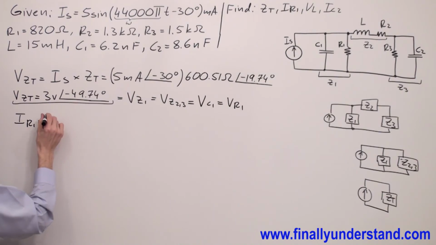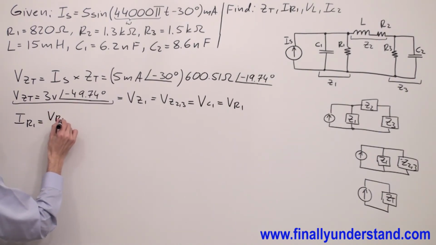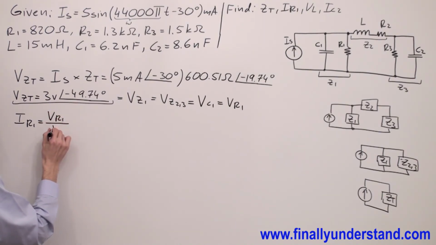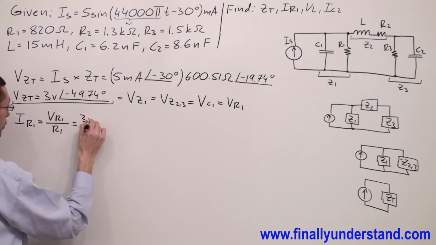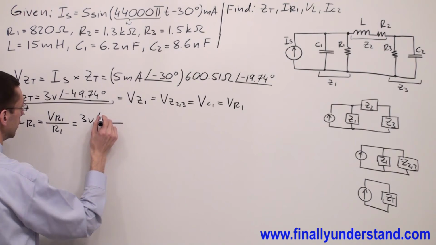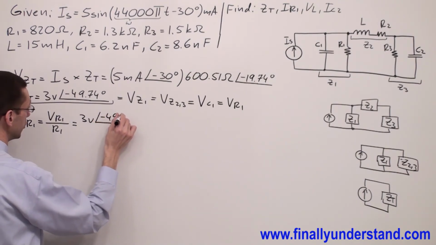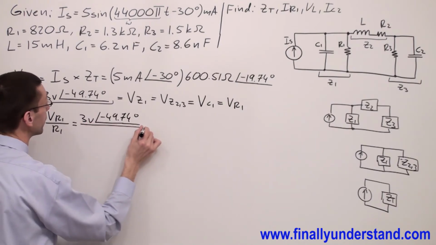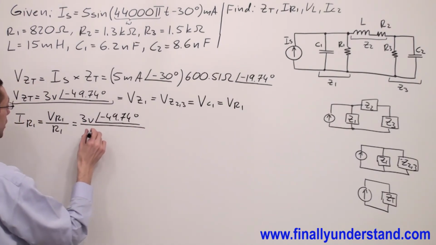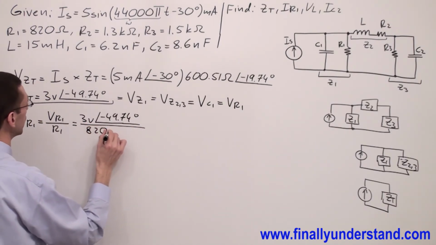IR1 is equal VR1 over R1, where VR1 is equal 3 volts and angle of negative 49.74 degrees over R1, which is equal 820 ohms.